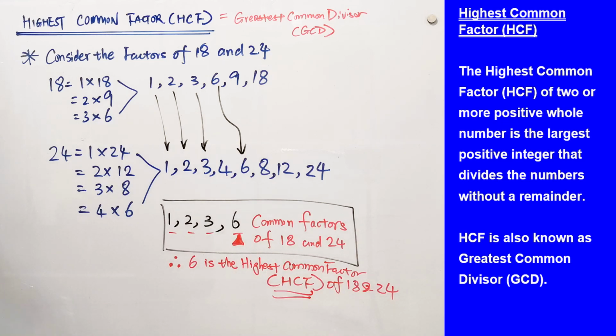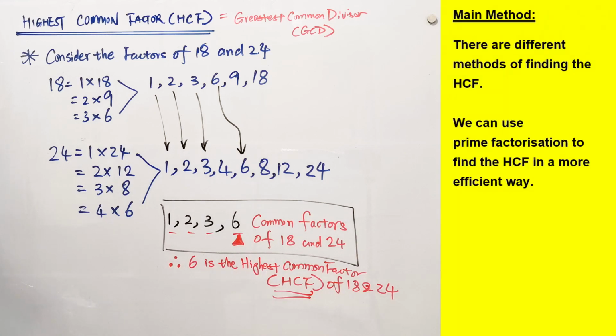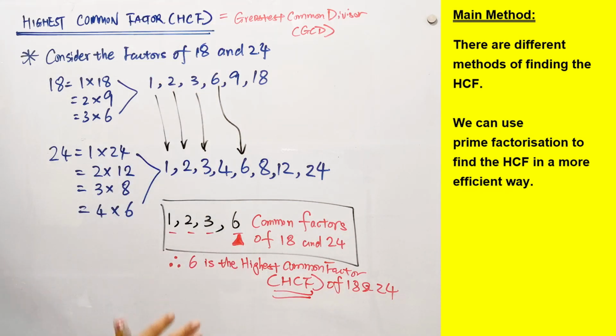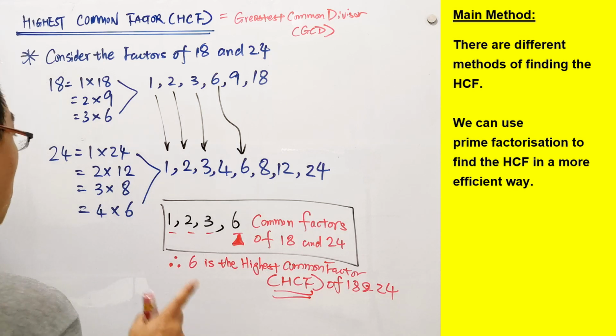So now we know the definition of the highest common factor. Let's move on to the next question: how to find the HCF. There are many methods to find the HCF of two or more numbers. But because we already learned how to do prime factorization, we use prime factorization to find the HCF in a more effective way.